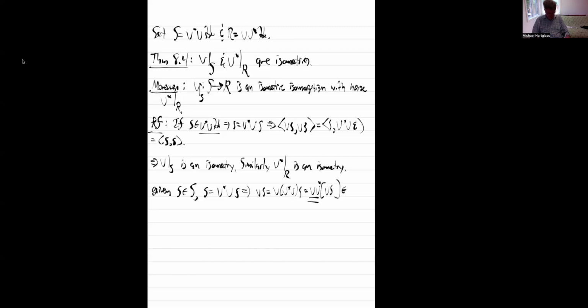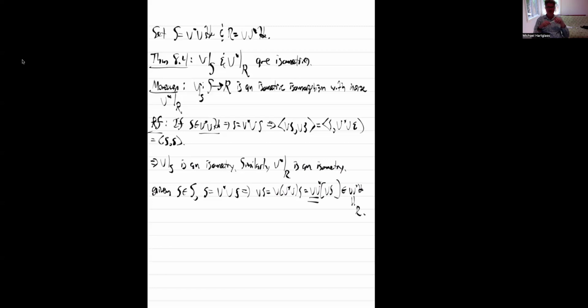So this is certainly going to be in V V star of H, i.e., inside the range. So at least we're mapping from the source into the range.